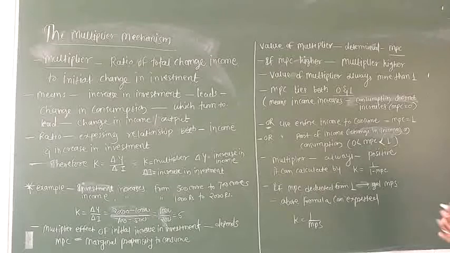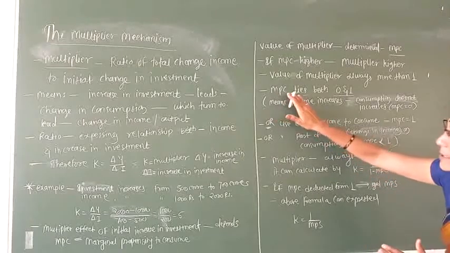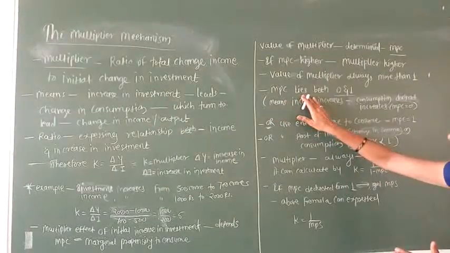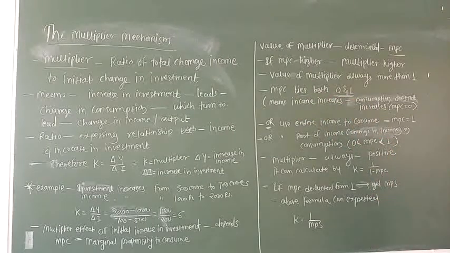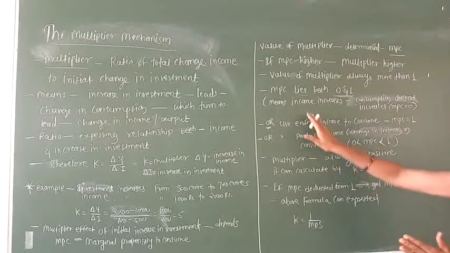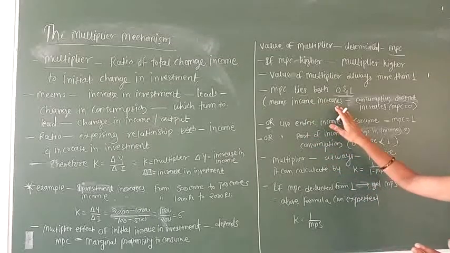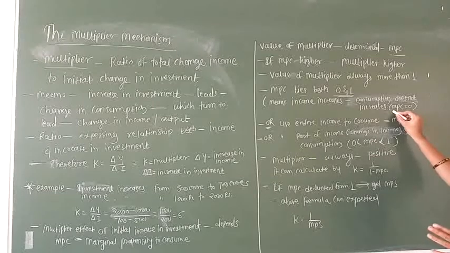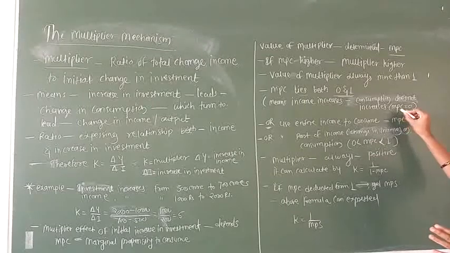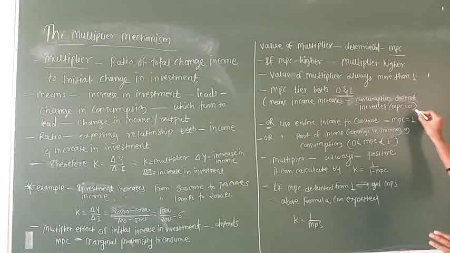See here, why does the marginal propensity to consume lie between 0 and 1? Because if income increases, sometimes the consumption does not increase, so the MPC is equal to 0.